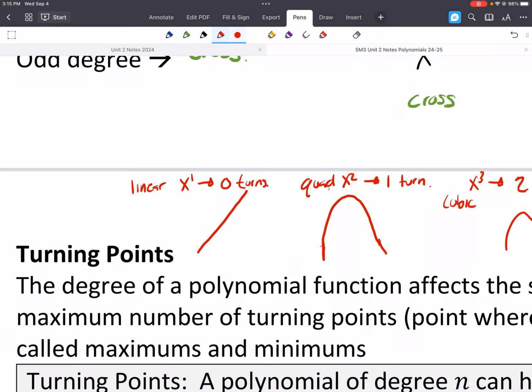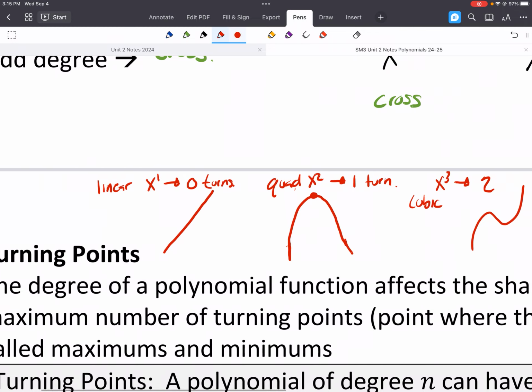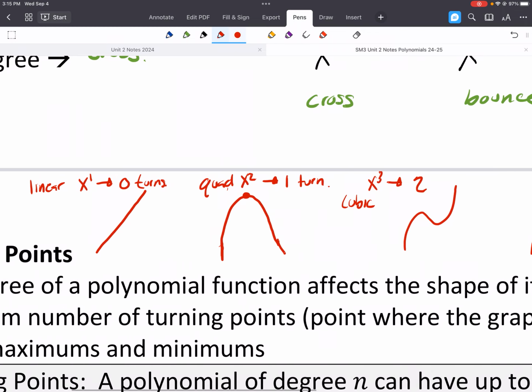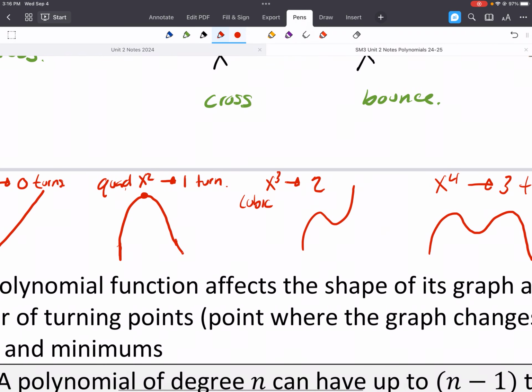It doesn't change at all. Quadratics have 1 turn. A degree of 2 gives you 1 turn. If it's a cubic, a degree of 3, then we can have up to 2 turns.